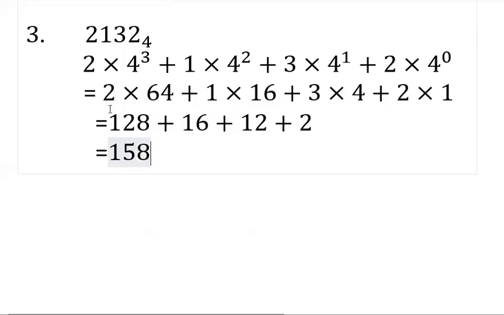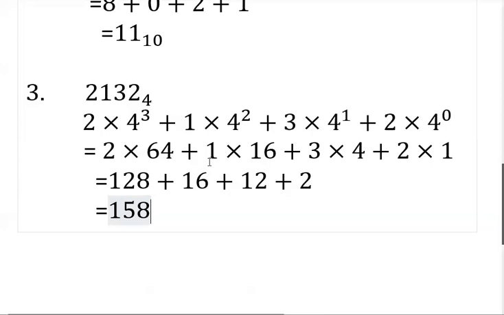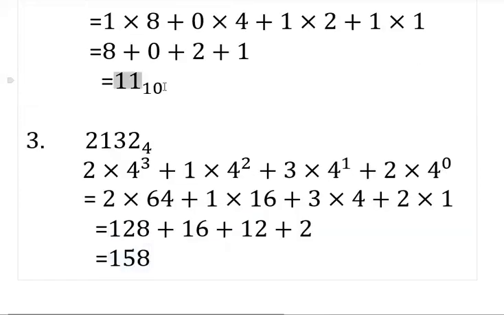Awesome. Let me come again. 128 plus 16 give us 144. 144 plus 12 give us 156. 156 plus 2 give us 158 in base 10. So let's just put the base 10 so that we can see it there. Let's make use of this as a template. 158. So we can do away with this. Awesome. So this is our final answer.